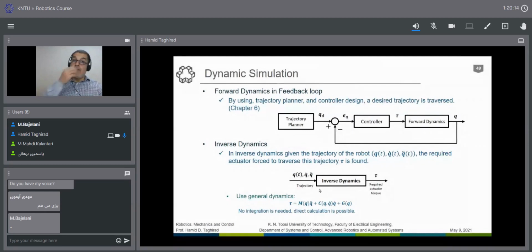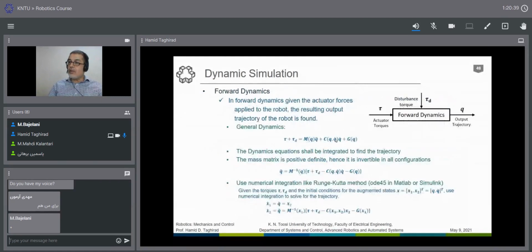This is very useful for the design or selection of the motors, and in control we call inverse dynamic computed torque. We are computing the torque required for a given specific trajectory. And here we don't need any ODE or any integration. We can simply use this equation.